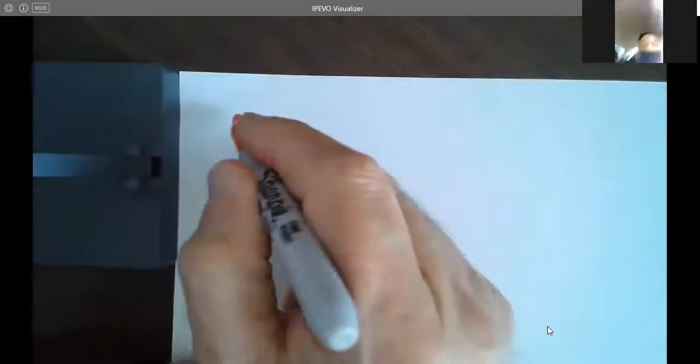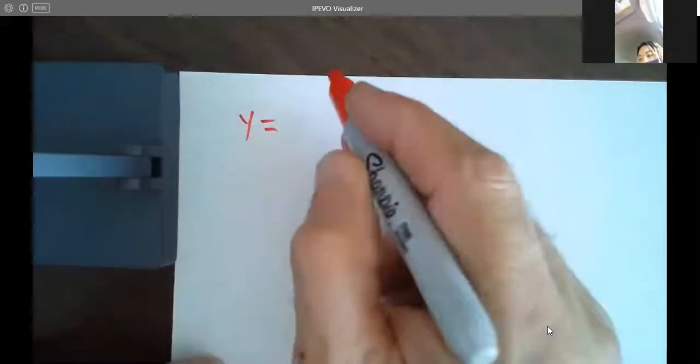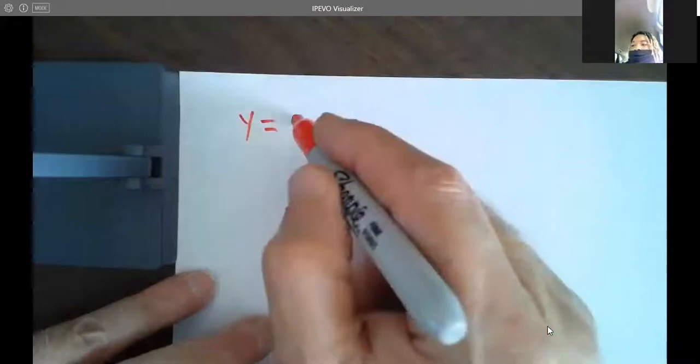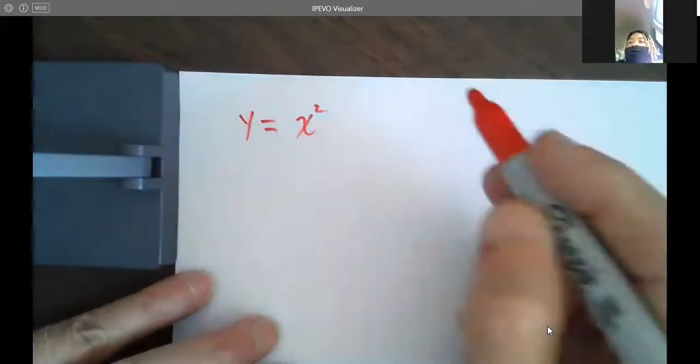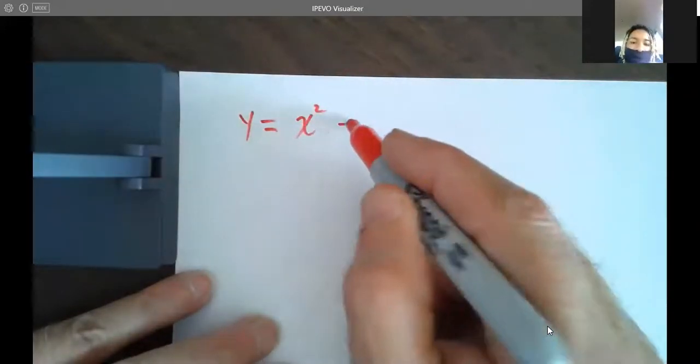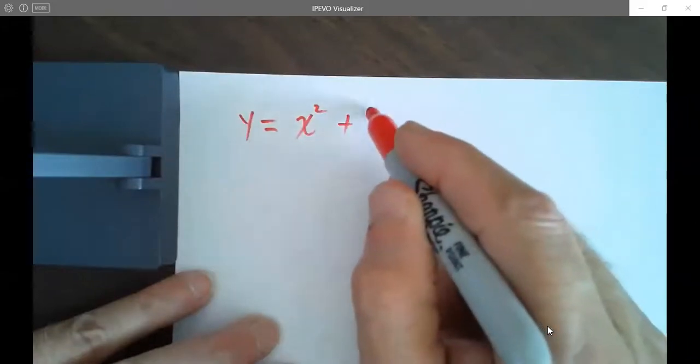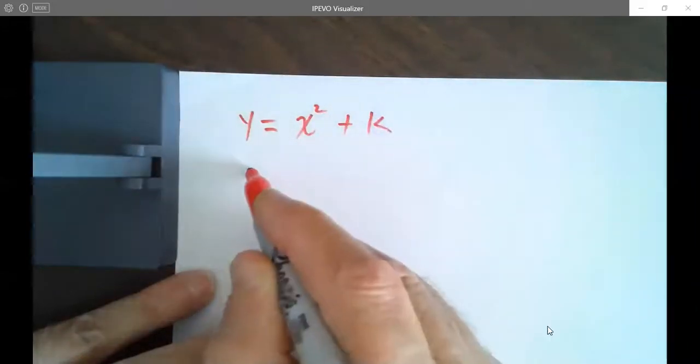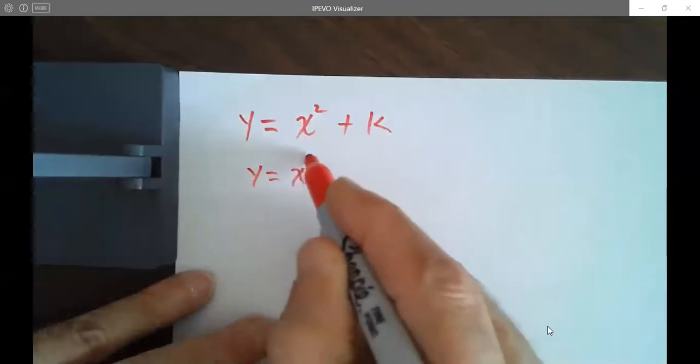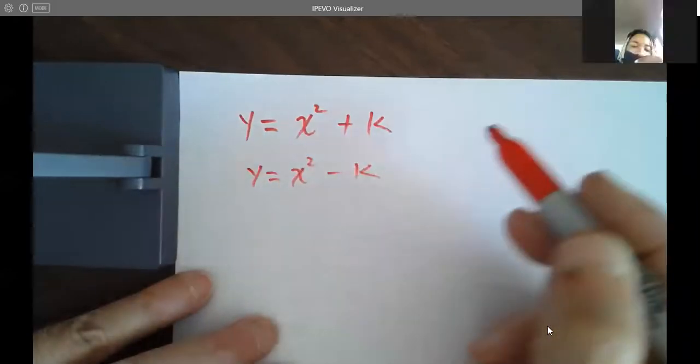You have y equals x squared. We're going to just use x squared. y equals x squared plus k, or y equals x squared minus k.